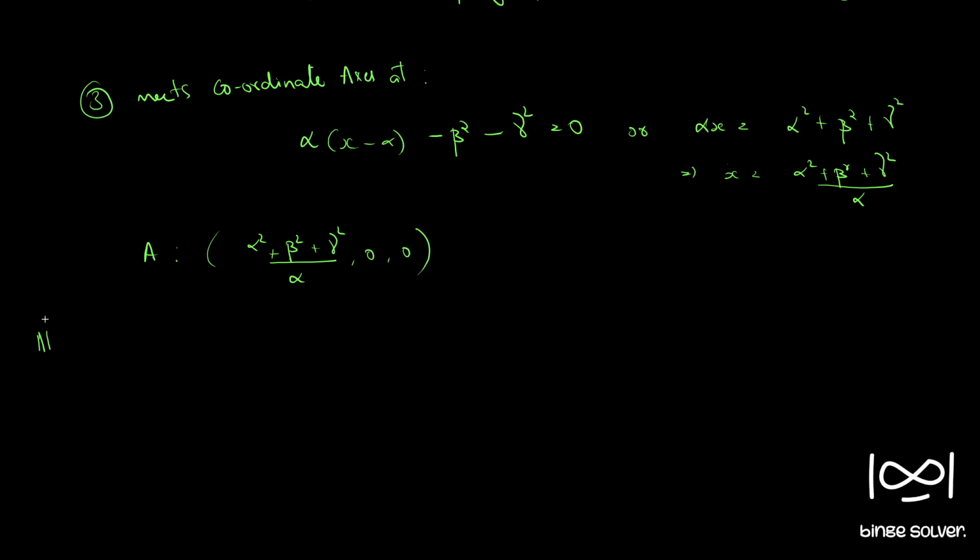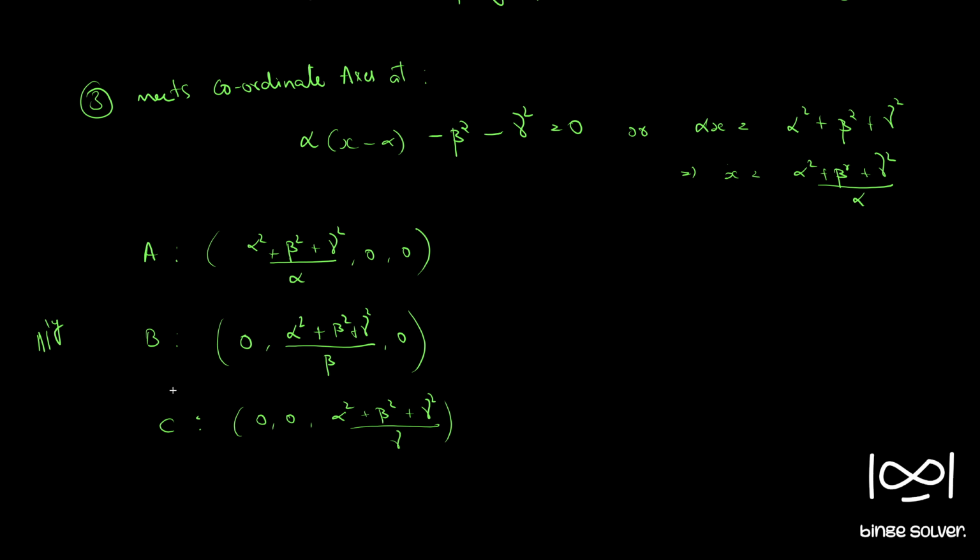Similarly, you can find B as 0, alpha square plus beta square plus gamma square by beta, 0, and C as 0, 0, alpha square plus beta square plus gamma square by gamma. Right, so we got our A, B, C.